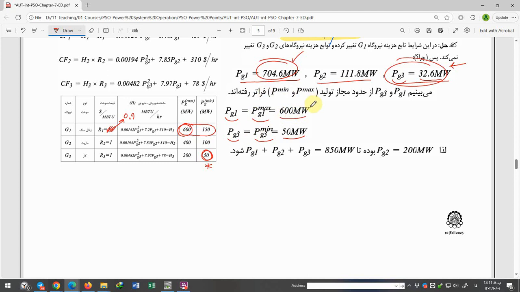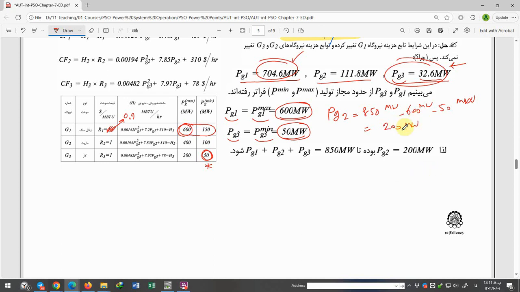So we fix PG1, PG3, and PG2 is found: 850 megawatt minus 600 megawatt minus 50 megawatt. The PG2 is 200 megawatt.